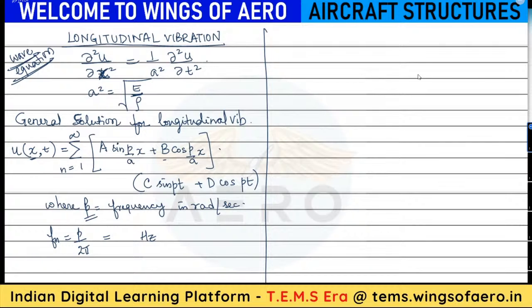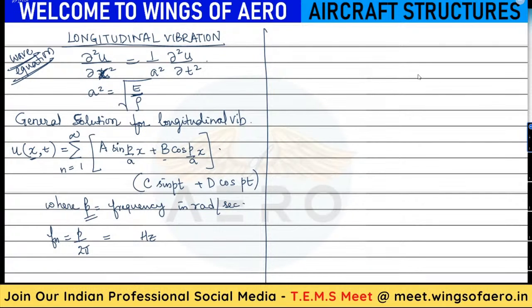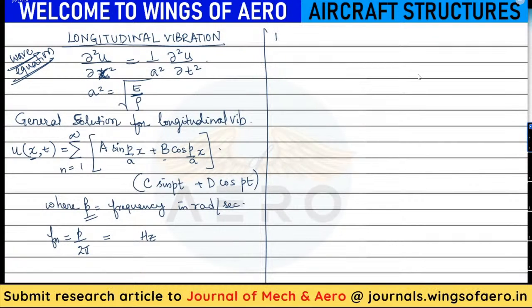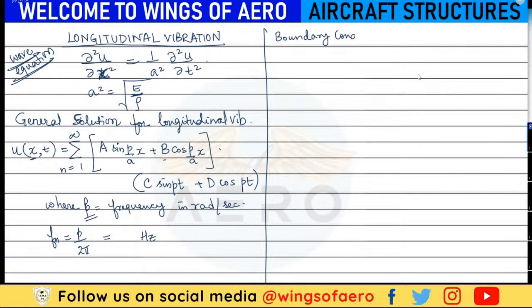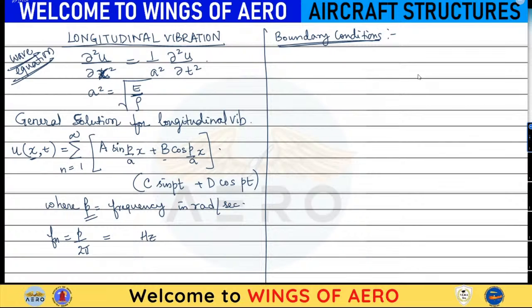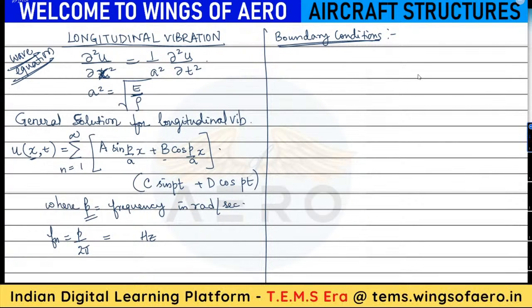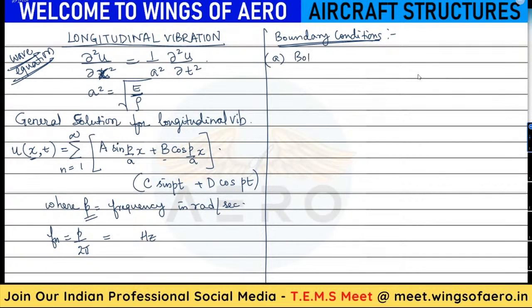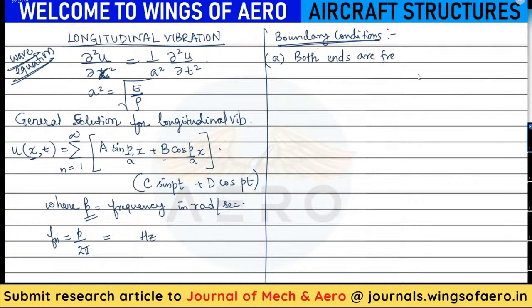Done. Now next we will move to the boundary conditions. As I said, there are three boundary conditions. The first one is when both the ends are free.